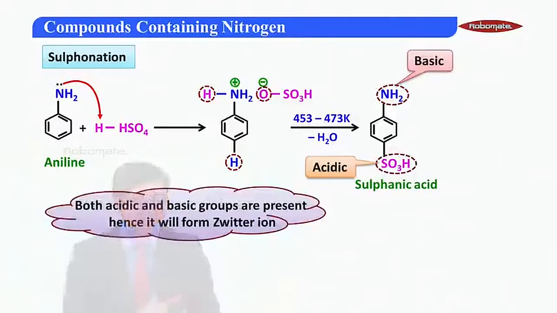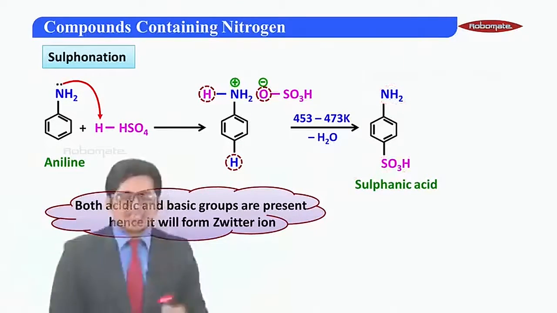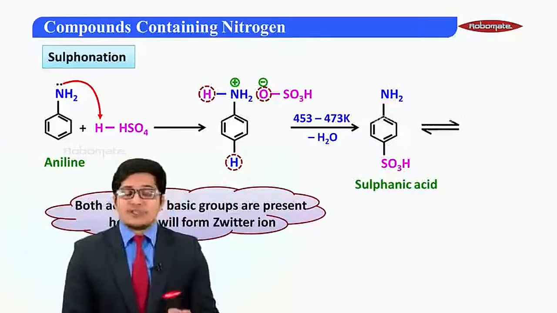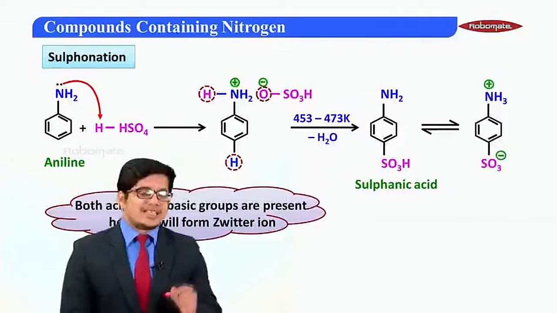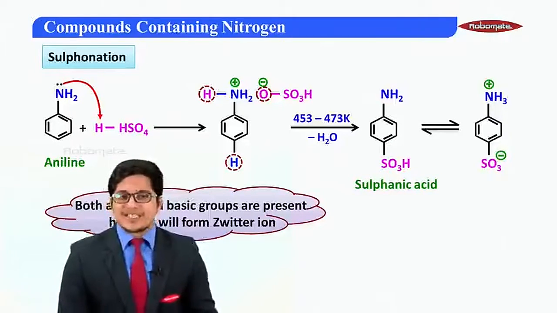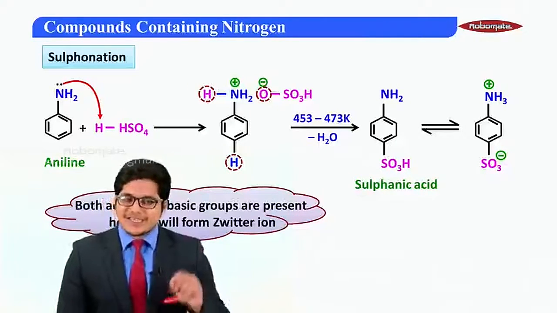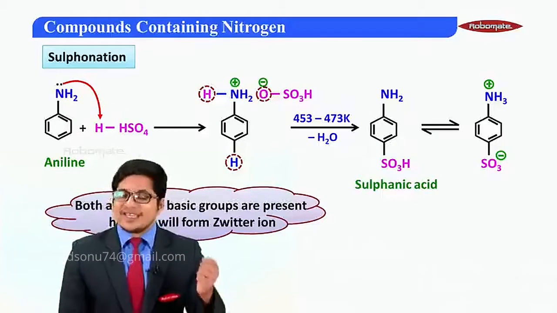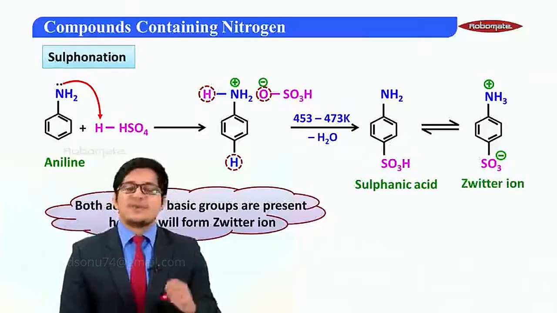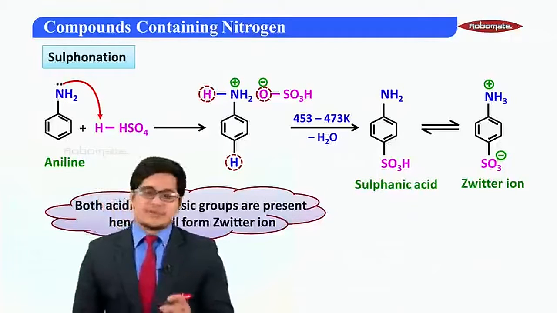Now, as it is an acid, it would donate one hydrogen towards NH2, and thus, as the compound consists of both acidic and basic groups, it would give rise to a Zwitter ion, which has a structural formula something like this. Now in this, on the top side, do we have a positive? Yes. On the bottom side, do we have a negative? Yes. Therefore, this would be nothing but a Zwitter ion which would be formed.